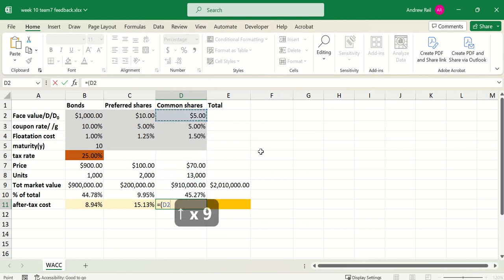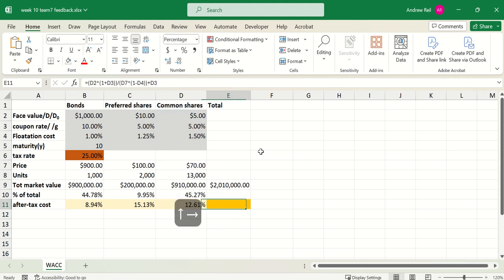So the dividend currently, and then multiply that by 1 plus the growth rate, close brackets, and then I'm going to close brackets again to finish the numerator, divided by, and then to start the denominator I'm going to open brackets, the price multiplied by, in brackets, 1 minus the flotation cost, close brackets, and then close brackets again to finish the denominator. Now I'm going to add the growth rate.